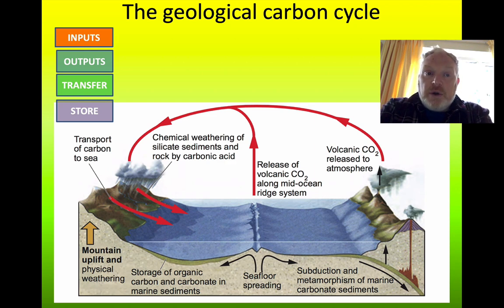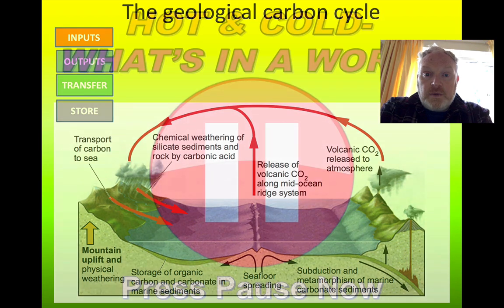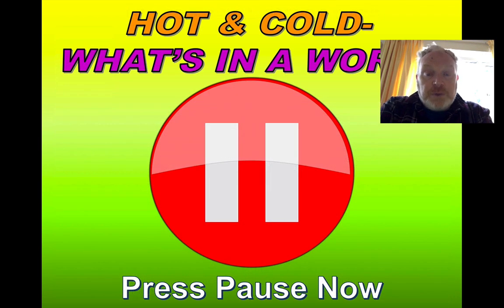So where does carbon get put into the atmosphere? Where is it taken out of the atmosphere? How's it transferred within the atmosphere? And where might it be stored in the atmosphere? Use a colour key to highlight the different labels on this diagram and see what you can come up with. Okay, so if we press pause now and have a go at question 6.